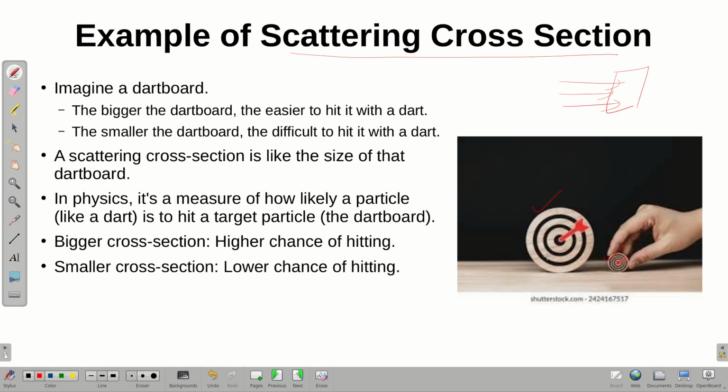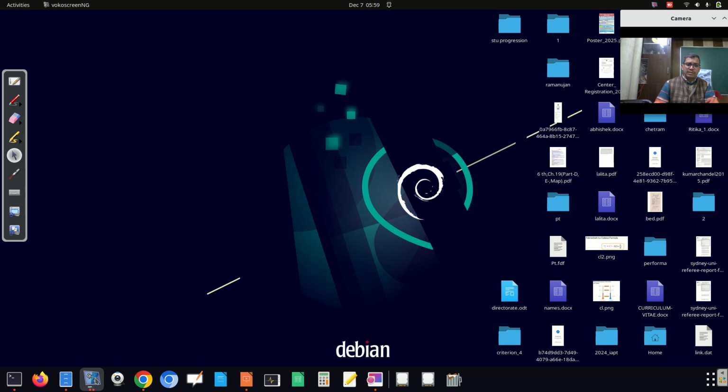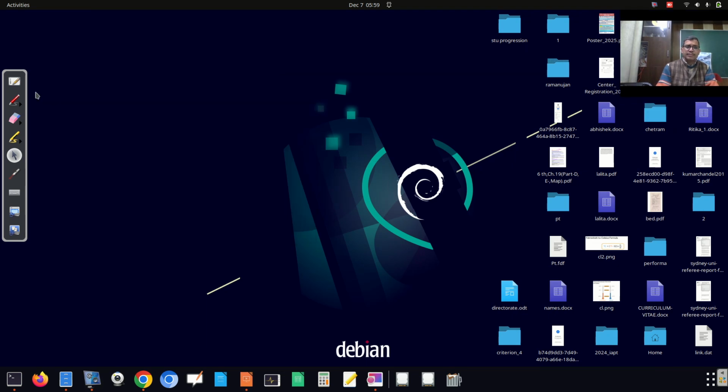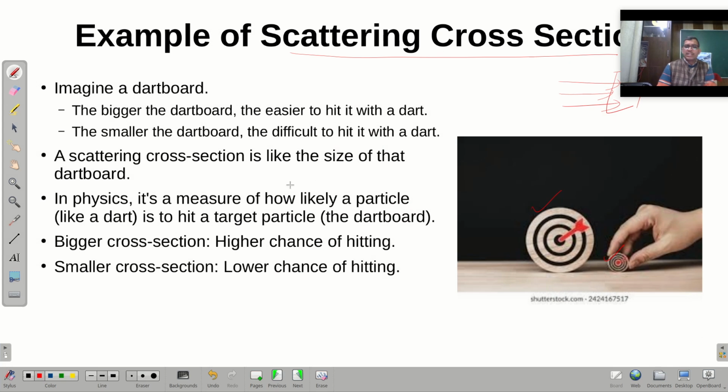Scattering cross section is also like that. The scattering cross section is like the size of that dartboard. In physics, we measure how likely a particle, like a dart, is to hit the target. If a bigger cross section is there, then the chance of hitting is higher, and if a smaller cross section is there, then the chance of hitting is lower.